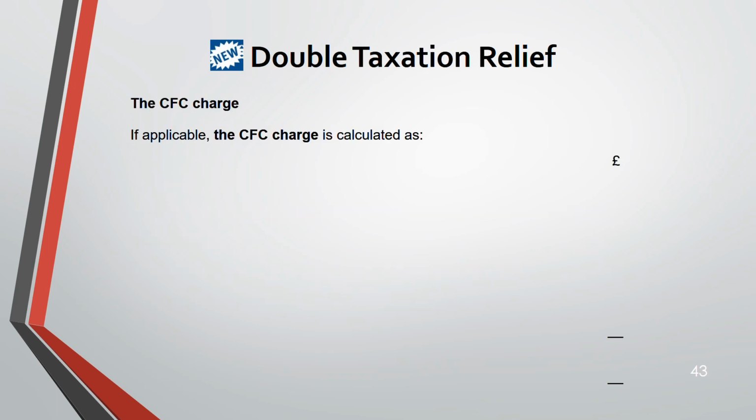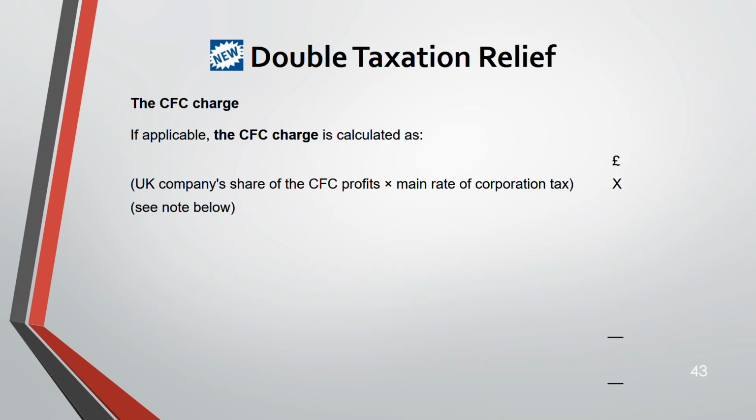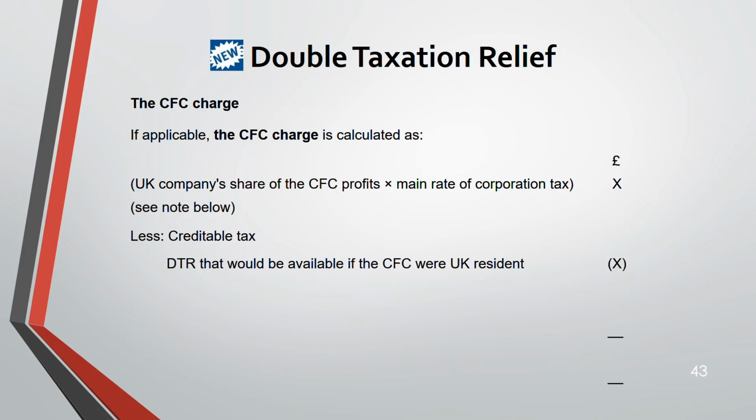Now, this is how it's applied. Take the UK company's share of the CFC profit, multiply by the main rate of corporation tax. See the note below. Less creditable tax. So DTR, double taxation relief, that would be available if the CFC were UK resident. Less UK corporation tax on income of the CFC that is taxable in the UK, if any.